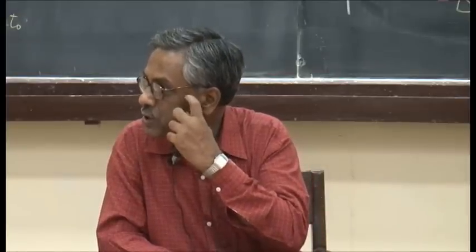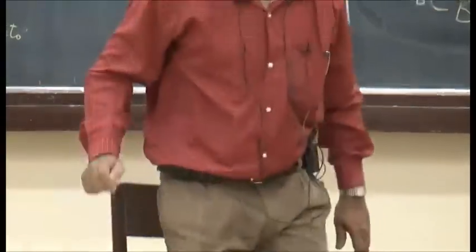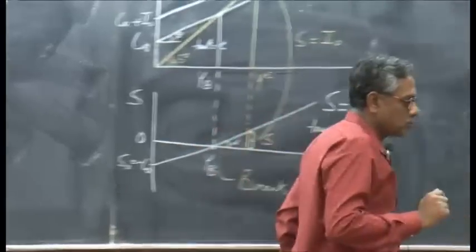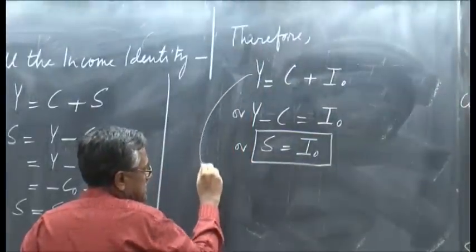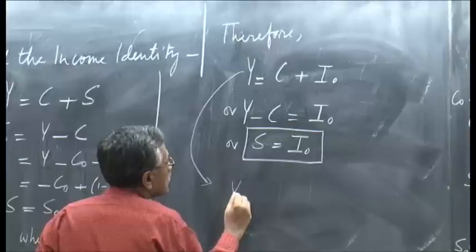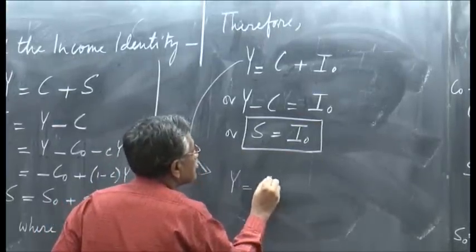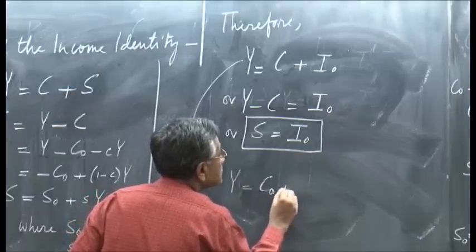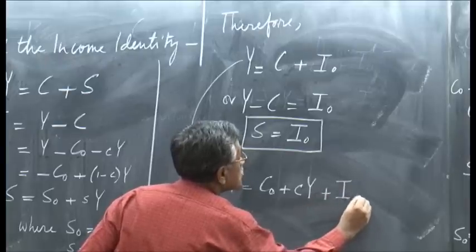Marginal propensity to consume. Now let me formalize this argument by taking it one step further, from this algebraic equation, using a different color chalk. There is a very interesting relationship coming out. From this, I can also get y equals C naught plus small c y plus I naught.